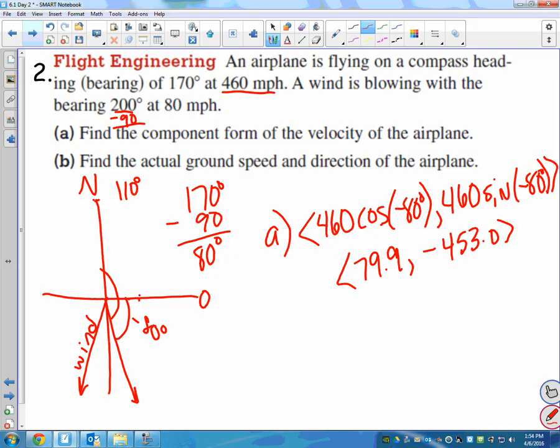Because this would be 90 in this quadrant, and then 20 more over here. So 90 plus 20 is 110 degrees. However you want to see that. But because we're measuring this way, my wind is going to be 110 in this one. Or if you prefer, you can measure positively: 90, 90, and 70.